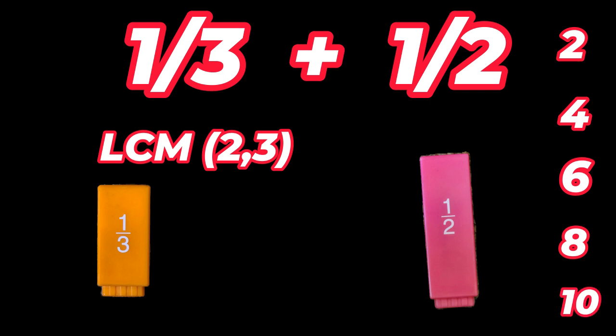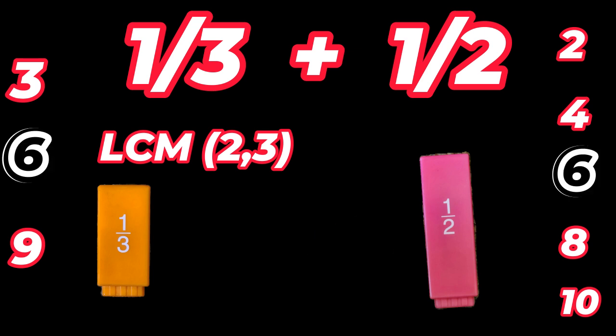Let's count by 3's. 3, 6, 9. I see a number that they have in common. Do you see the number they have in common? That's right, 6. So, the LCM of 2 and 3 is 6.